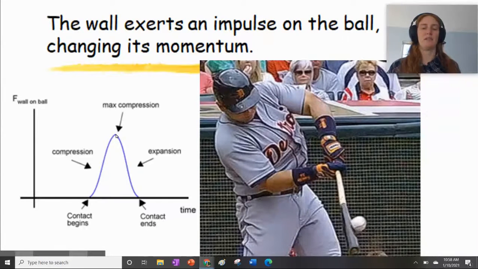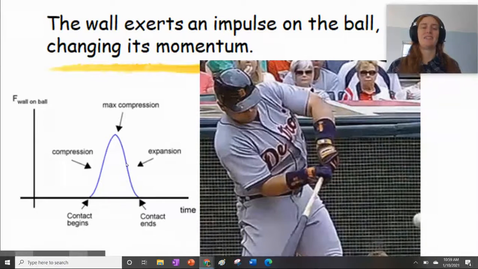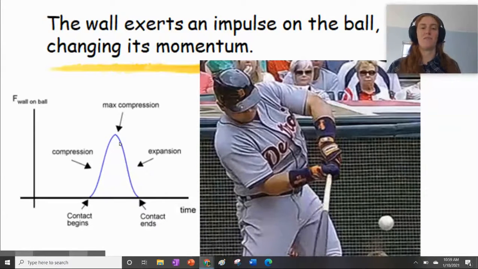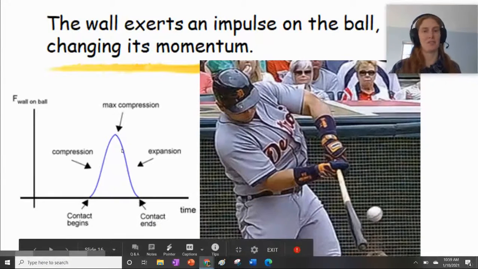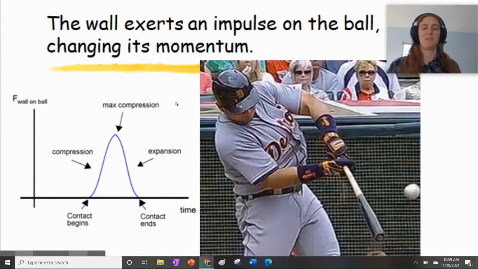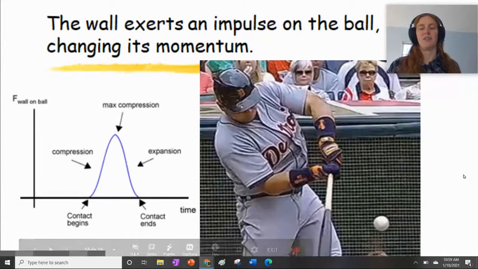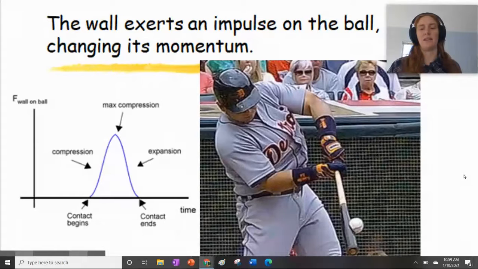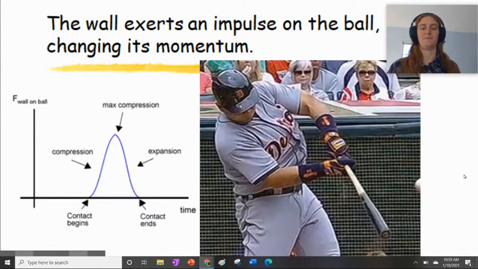That's when the ball is at its maximum squishedness. And then as it expands and gets to be a normal ball shape again, the force decreases. So this is what the graph actually looks like. You'll also notice in this GIF that the bat itself changes shape as the ball hits it. Kind of cool.